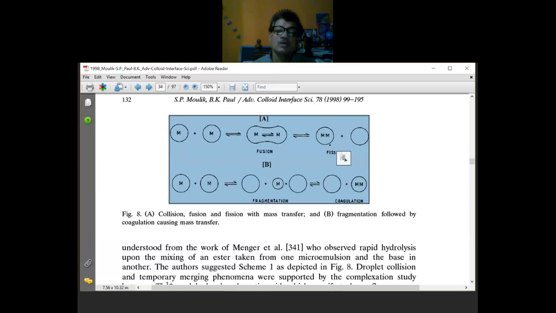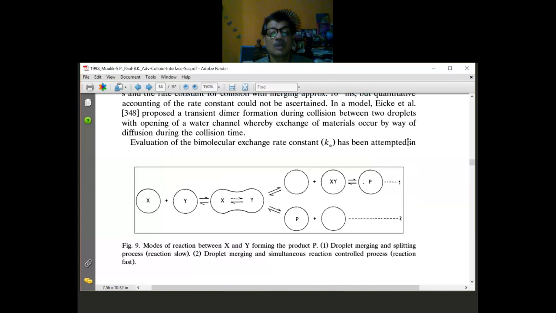So there would be fusion, mass transfer, and fission. So if one droplet had no charge, the charge can come from the other droplet to here. So if this microemulsion droplet is movable, eventually they would be able to carry the electrical charges. So this is one mechanism.